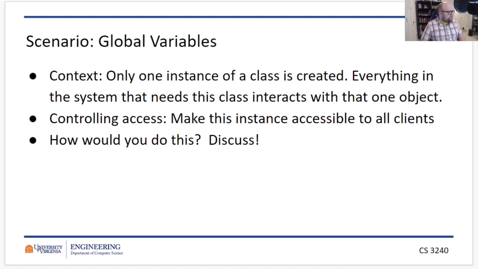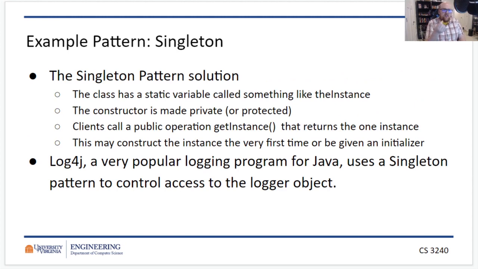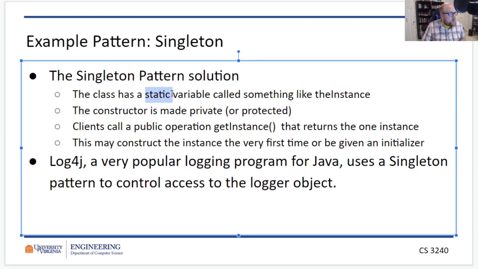So with that, a design pattern, a solution to this problem, this is an example design pattern, is called the Singleton. And the Singleton is a class that can only have one instance at a time. And the way that we do that is first, we make the constructor private. We make the constructor private so no one outside of the class can ever call it. And then we have a separate static variable.